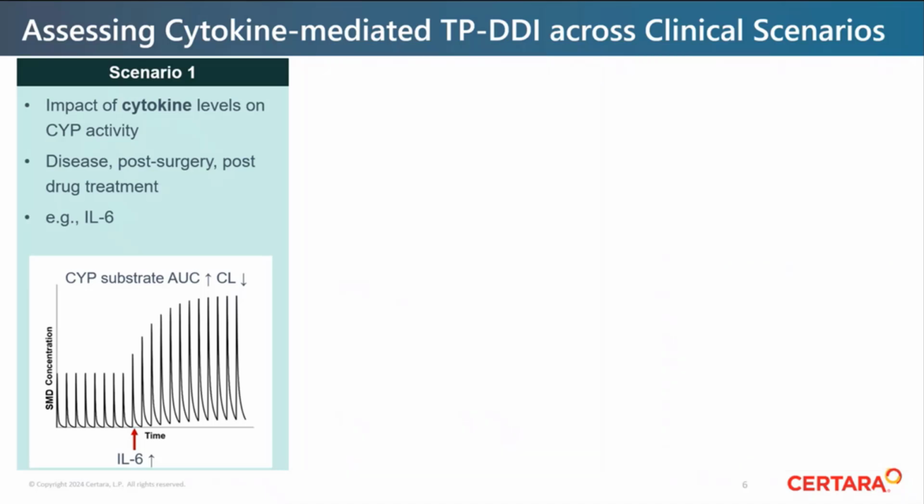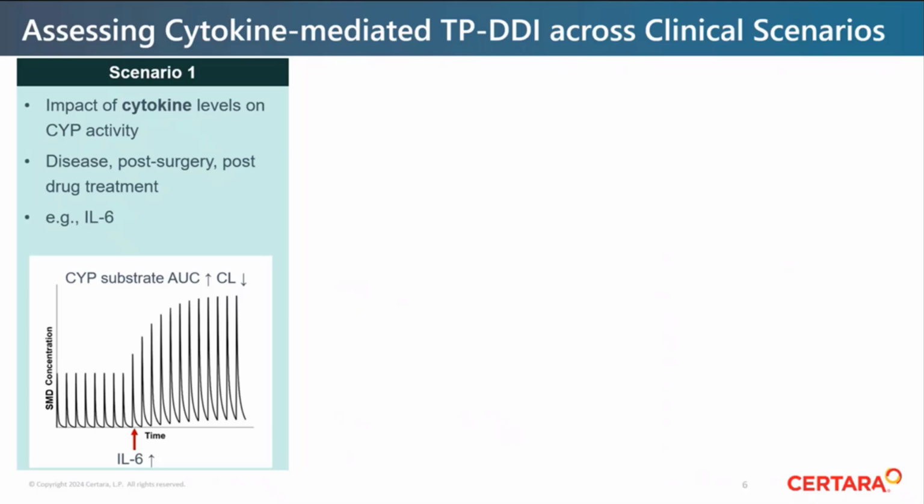In scenario 1, the cytokine or cytokine products is characterized as a large molecule that interacts with small molecule drugs by modulating Cyp expression. This setting can be utilized to explore the impact of chronically elevated cytokine levels in patients under different disease conditions, such as inflammatory disease, cancer, or COVID.